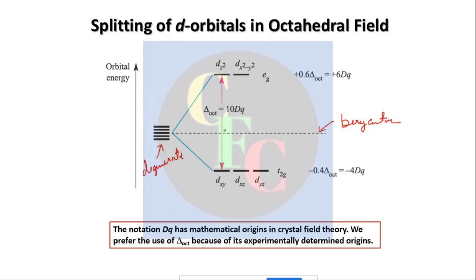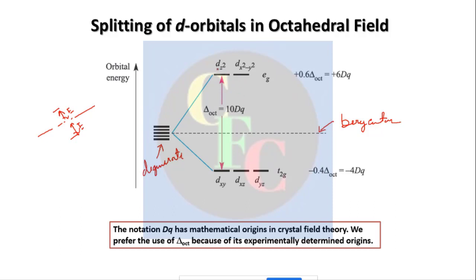Now as we have seen in the case of MOs for hydrogen, if you remember, I said that the antibonding and bonding orbitals are at equal distance. Suppose if this is E, this will also be E, the energy is the same. But in this case it is not the same. Why is it not the same?